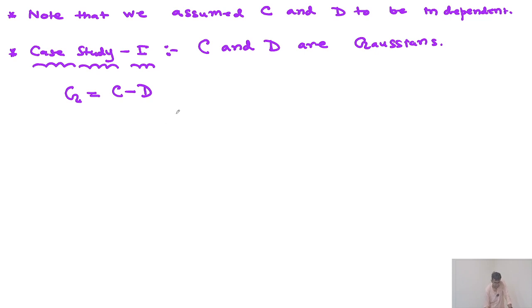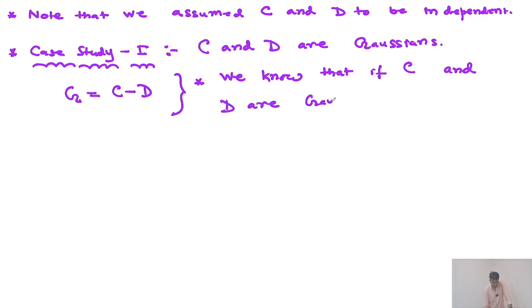So we know that if C and D are Gaussians, then G will also be Gaussian.